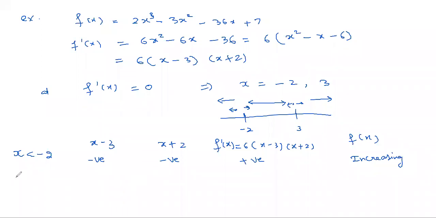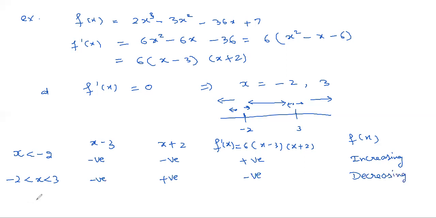Now for values of x lying between minus 2 and 3, x minus 3 is going to be negative, since it is negative for all values less than 3, but x plus 2 is going to be positive. You can take any arbitrary value between this interval and test it as well. The product of a negative and a positive value is negative. Because the derivative is negative, the function is a decreasing function in this interval.